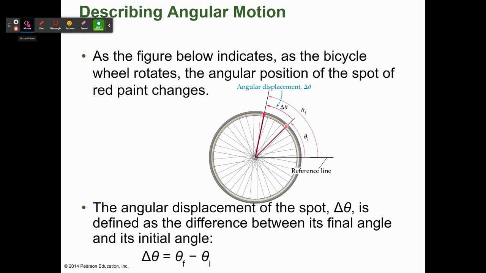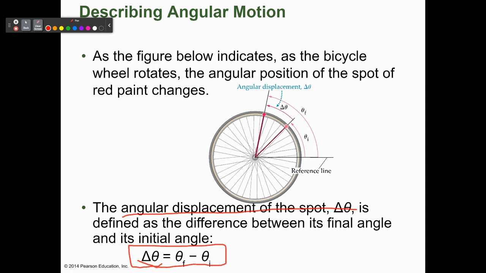All right, so when we talked about linear motion, the change in displacement was what was so important. The change in position was what was so important. That was our displacement. Well, the same thing here. So angular displacement is the change in the angle. And the change in the angle is always the final angle minus the initial angle.